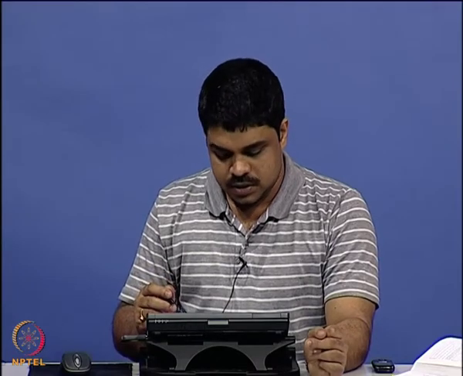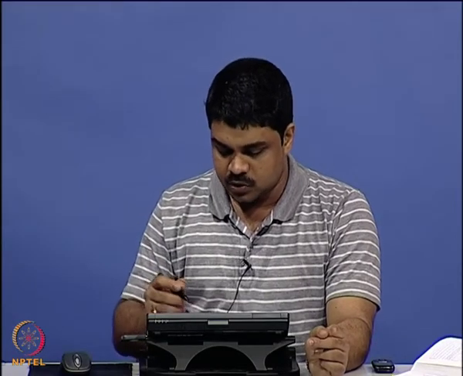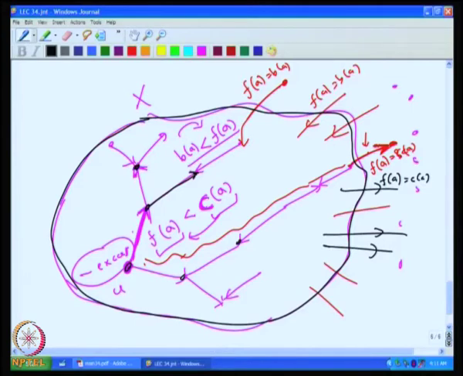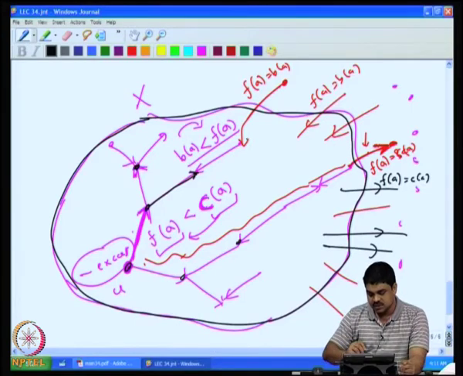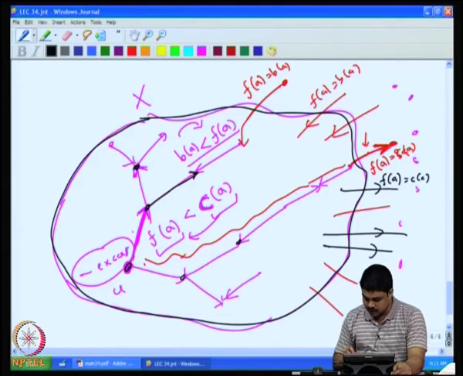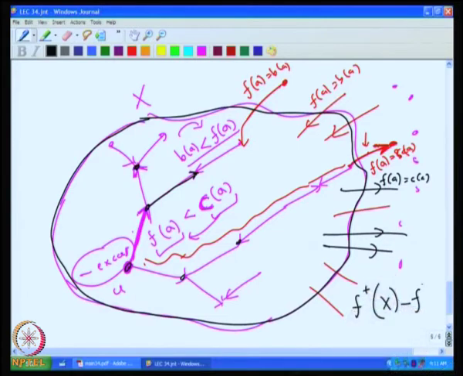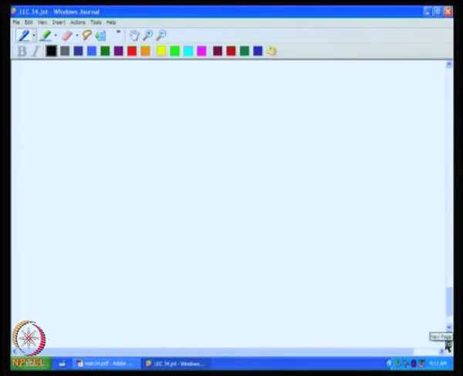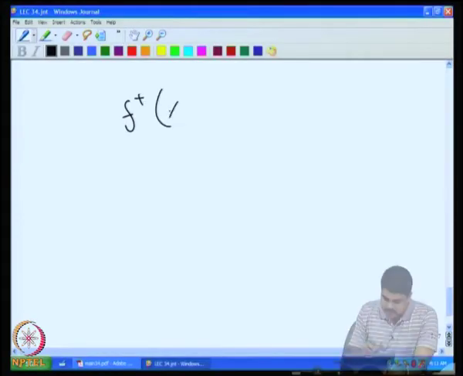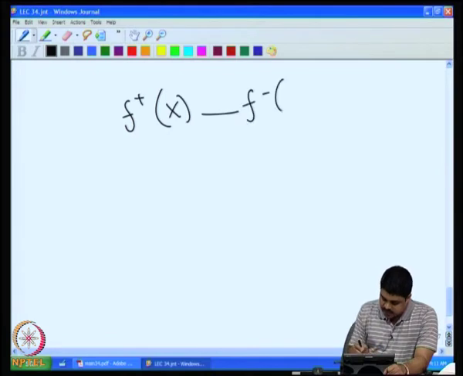Therefore, the only contributors are the edges going out of x or coming into x, namely f plus of x and f minus of x, and the total value will be f plus of x minus f minus of x. So if you sum up the excesses over all vertices inside x alone, we get f plus of x minus f minus of x.